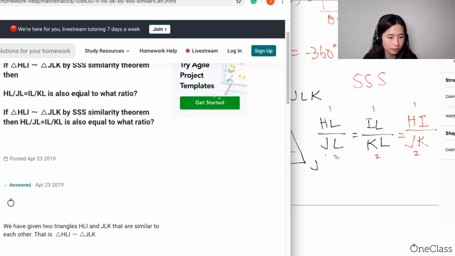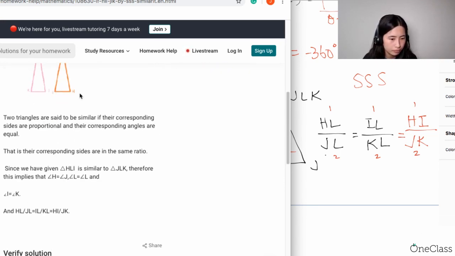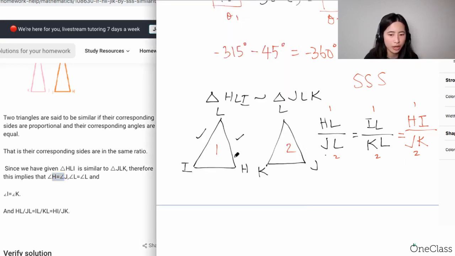Great. So let's see what they wrote. Okay, so this is what I said. Remember, you have angle H, which is congruent to angle J, so that's right. You have angle L, which is congruent to angle L. It just so happened that this is also angle L, but it doesn't necessarily need to be the same letter.